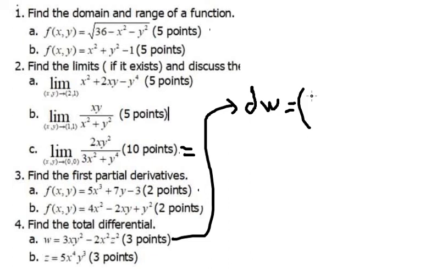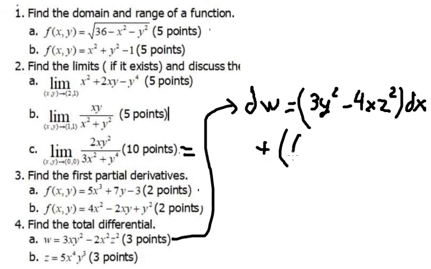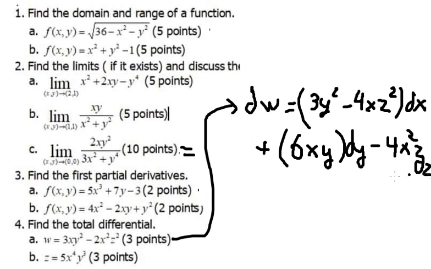You will got 3y squared minus 4x z squared dx plus, we do first derivative of y, you got 6xy dy, and about z you will got negative 4x squared z dz, and this is the answer for question 4a.